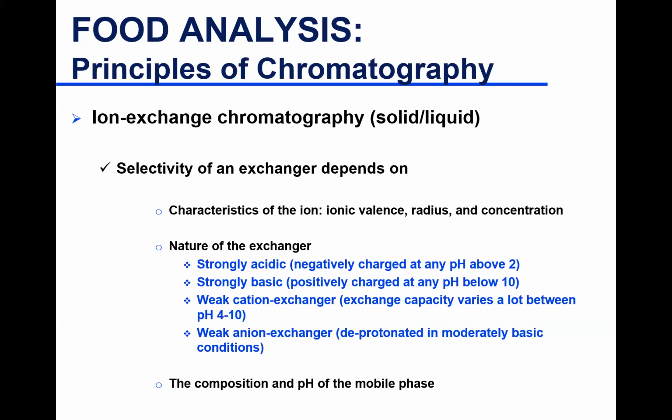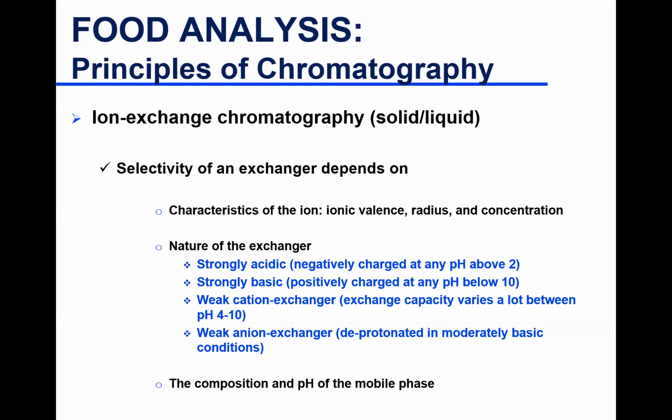So they separate it from other components based on the charge of that protein. So when you have negatively charged components that you want to separate, you would use anion exchange. Because if you have positive and negative in your mixture, the positives are not going to interact and they're going to elute first and leave. They're not interacting with your column. The negatively charged components are going to interact with the column.